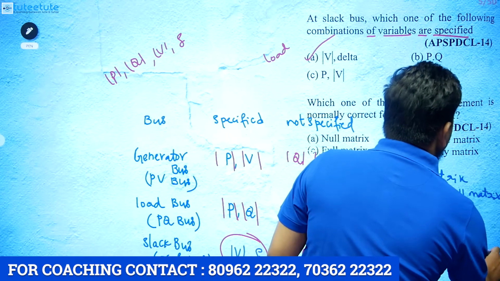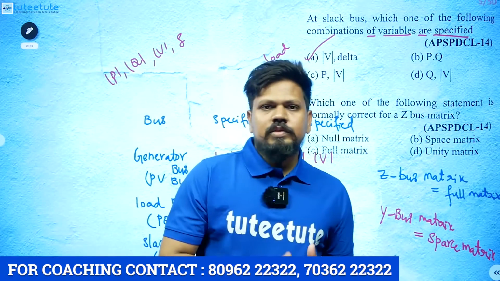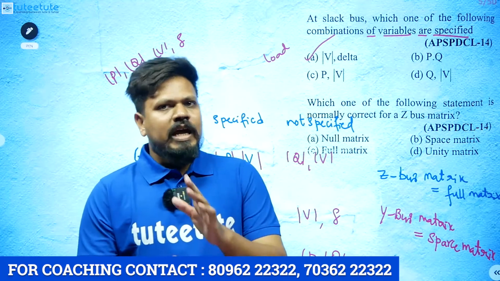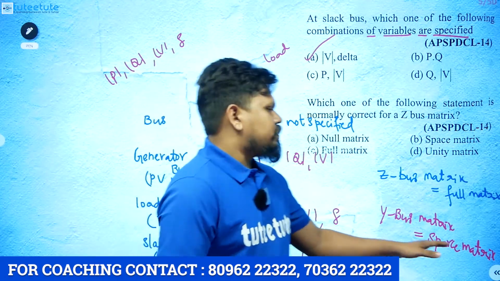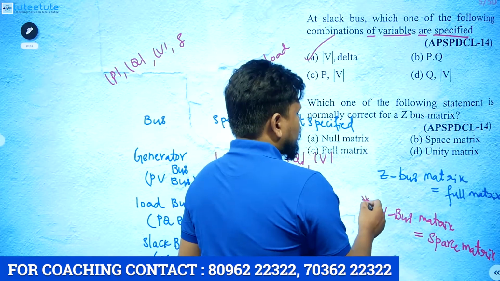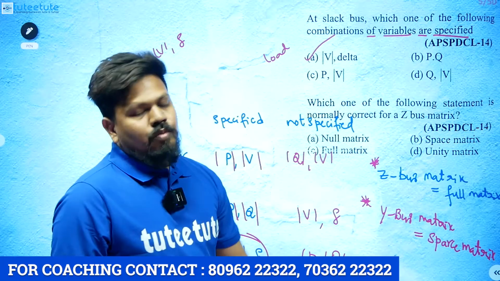What is a sparse matrix? Many zeros, or empty entries, are present. More zeros present means that type of matrix is called a sparse matrix. That is the Y bus matrix. This is also important. Anyway, this question asks about Z bus only, but they may ask about Y bus also.